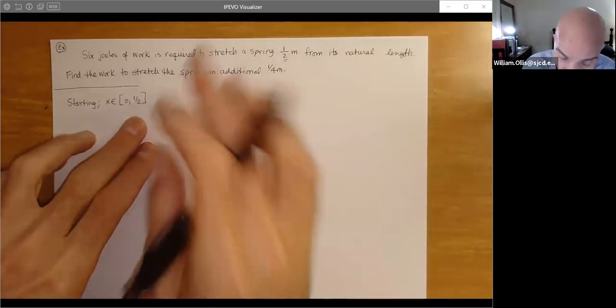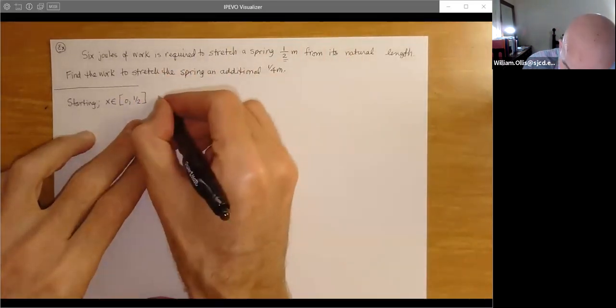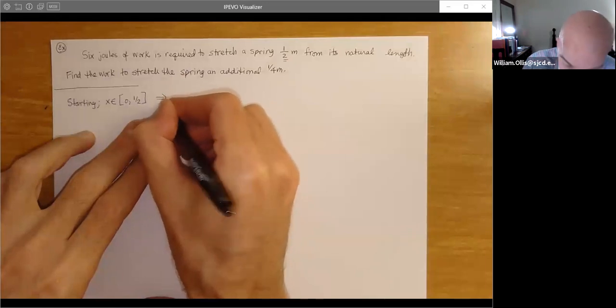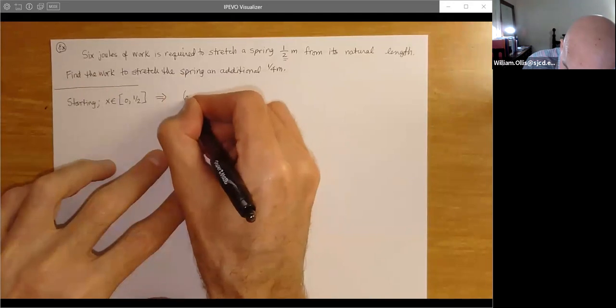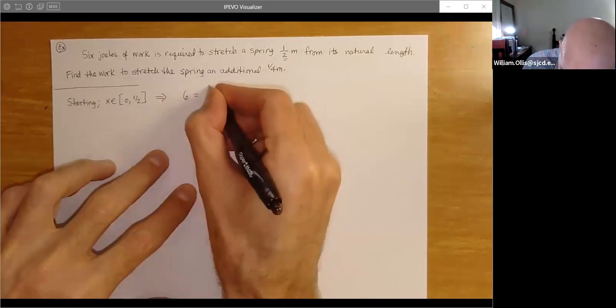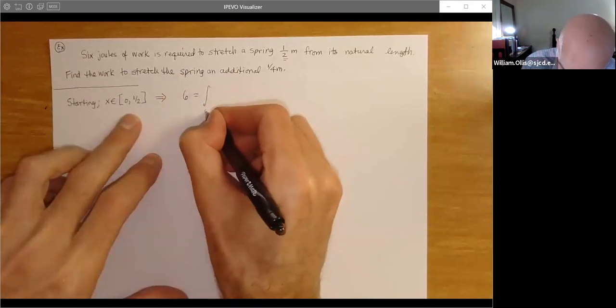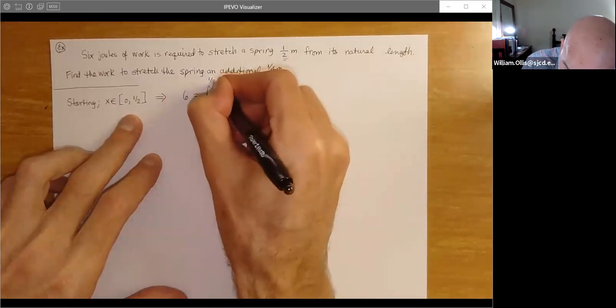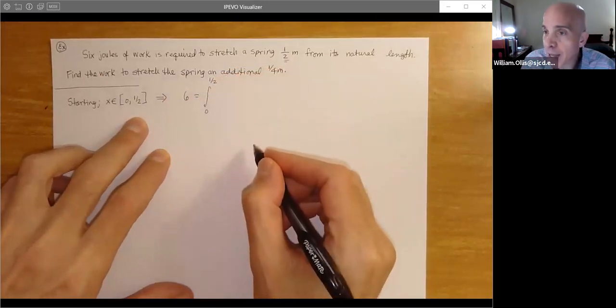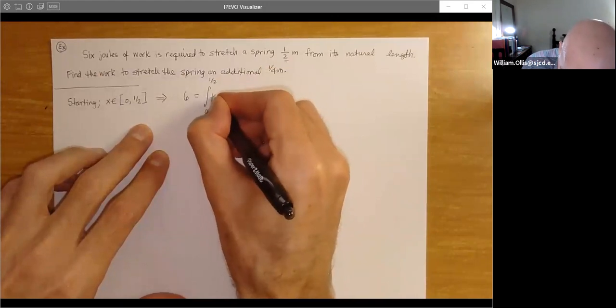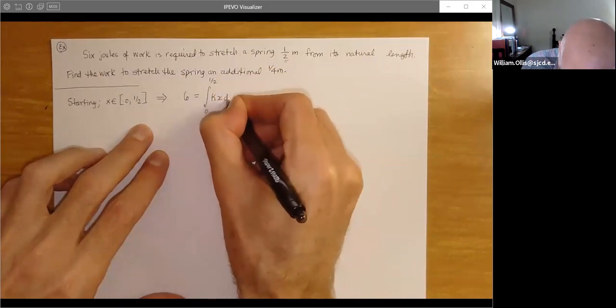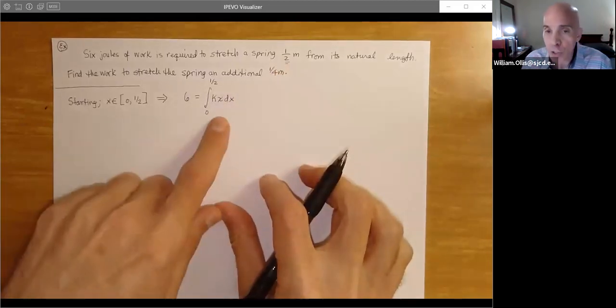And so now we're thinking, okay, so this implies we have 6 joules of work. So the work is 6. And we have the integral 0 to 1/2, and then we have F(x), which is kx dx. So again, this is Hooke's law.